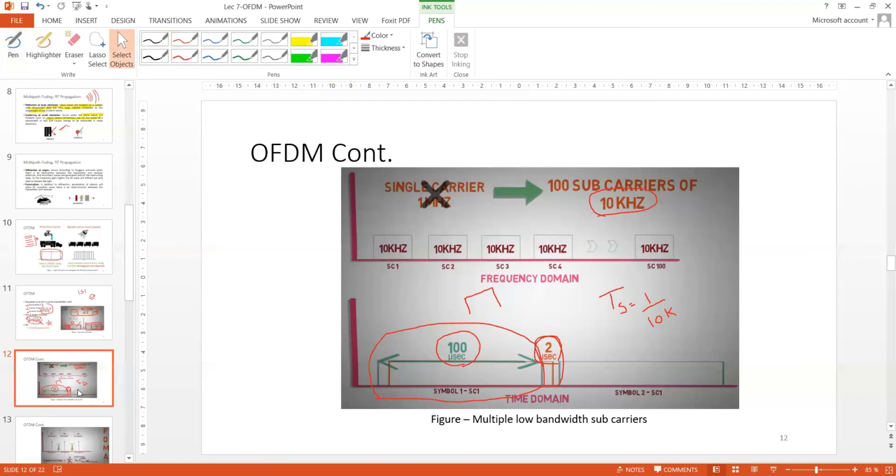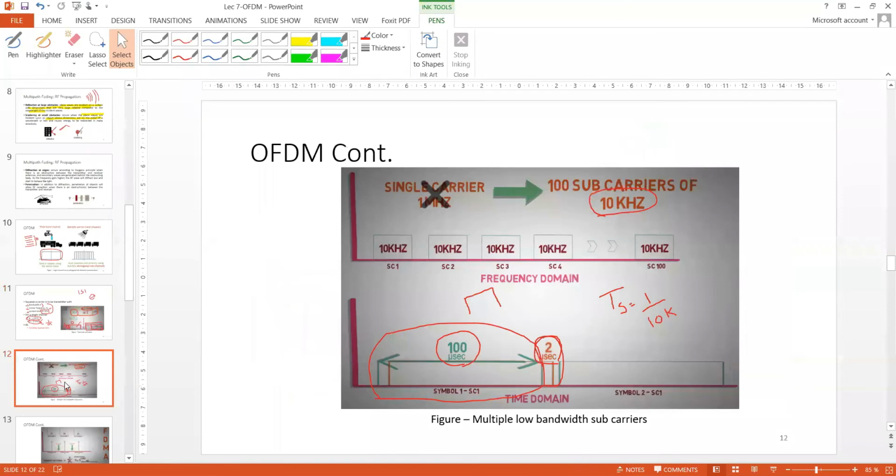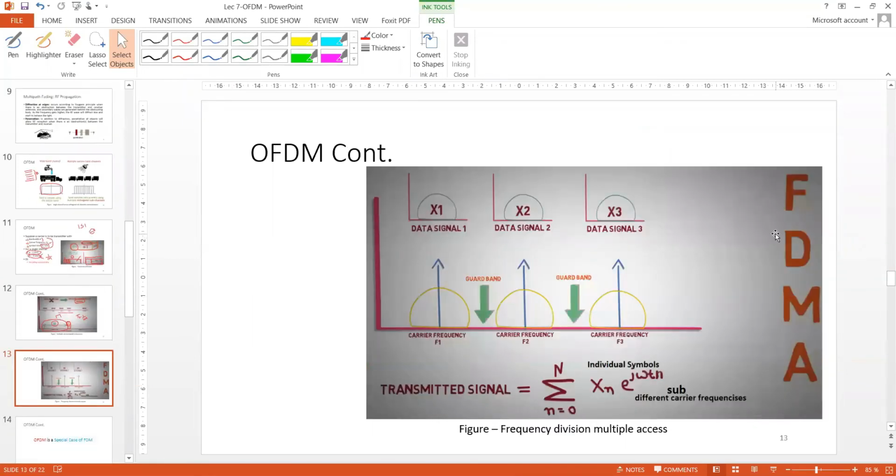You are utilizing the available spectrum more effectively compared to using a single carrier to transmit your entire information. That is why it is more preferable to use frequency division multiplexing, or frequency division multiple access, rather than transmitting your entire information with a single carrier over the entire channel.